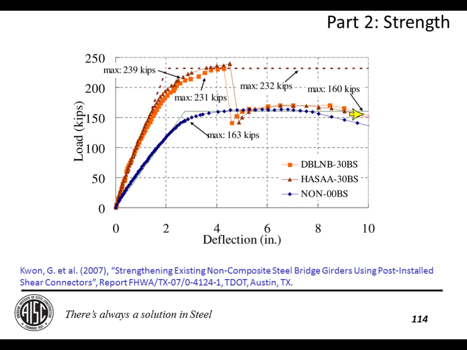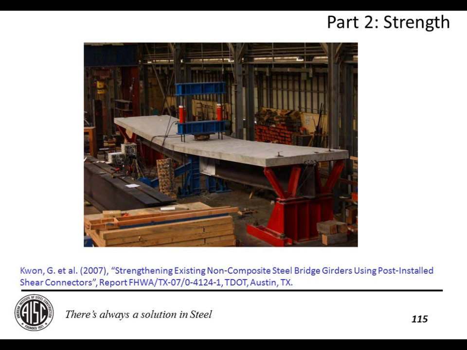Right, so that's what we're trying to prevent by having enough composite action to give yourself the necessary ductility. And here's just a picture at the end of one of these tests. So you can see they were testing some fairly large composite members.